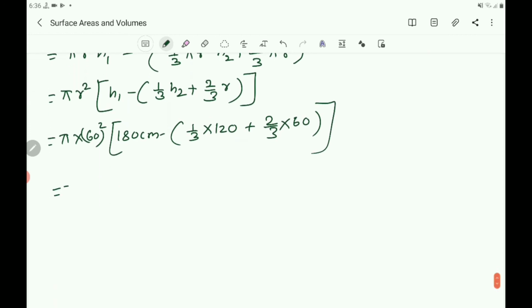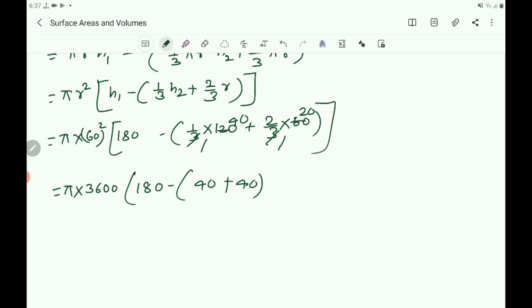Then you write pi into 60 square, 60 square is 3600, minus, here no need of writing cm, write 180 minus, 3 ones are 3, 3 fours are 12, so write 40 plus 3 twenties are 60, again it is 40.